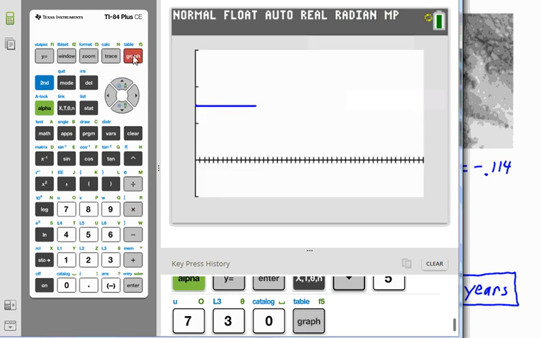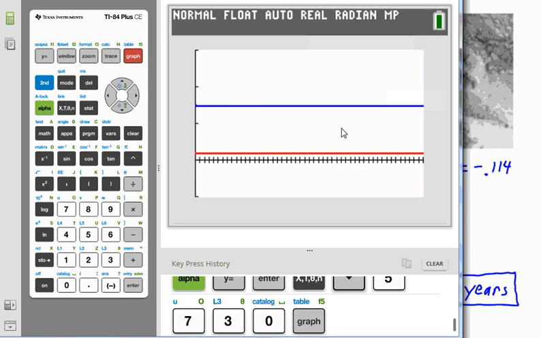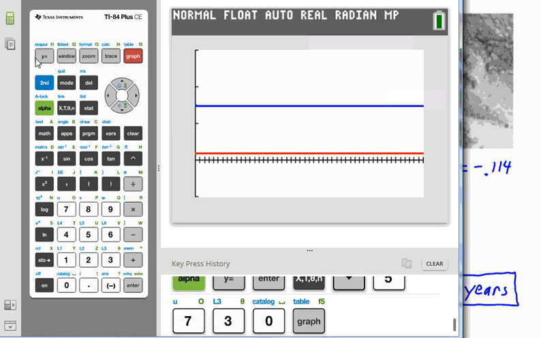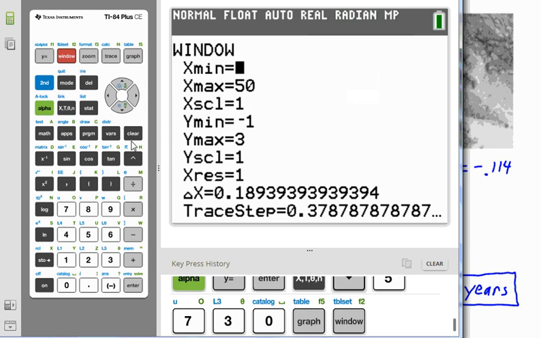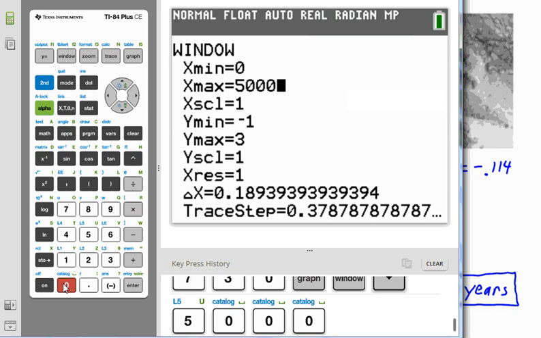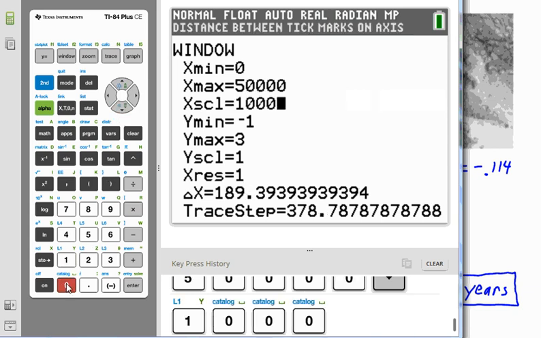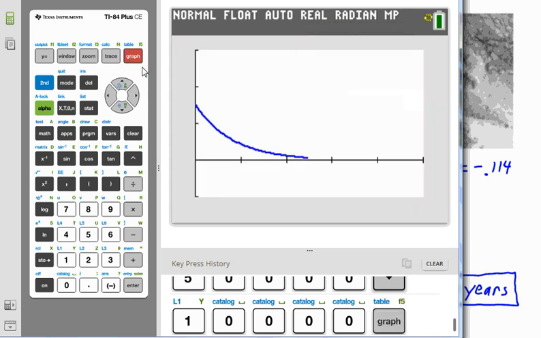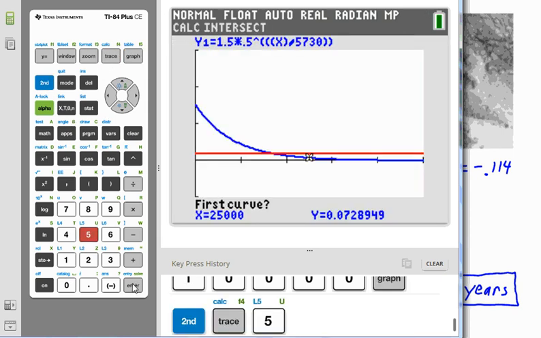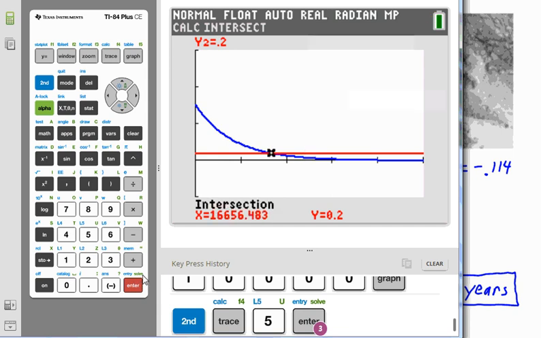If you graph, you can't see very much. They just look like horizontal lines, which they're not. If you go to window and go from 0 to 50,000, every 10,000 years, you should be able to see this fine. And do the same thing here. Second, trace, 5, enter, enter, enter.